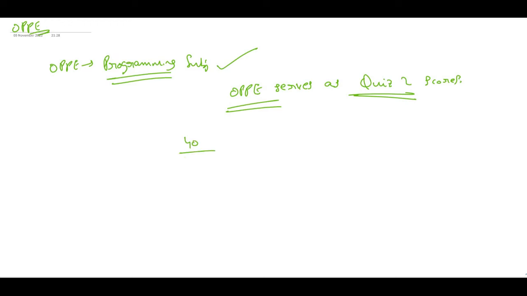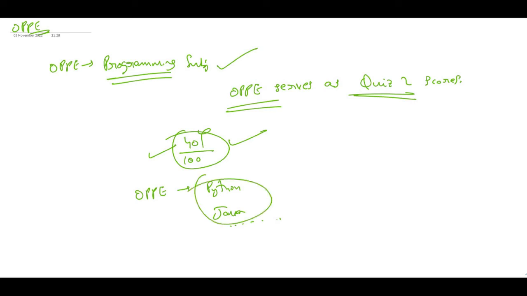The minimum score that you must obtain in an OPPE is 40 by 100, or else you will have to repeat the OPPE for the next term, in case you pass the subject regardless of the score. Once again, OPPE is conducted for Python, Java, and any other programming subjects which are relevant to the IIT Madras syllabus.